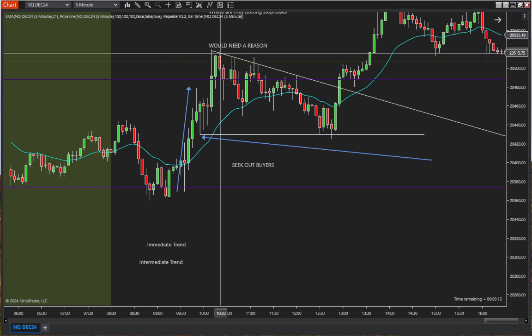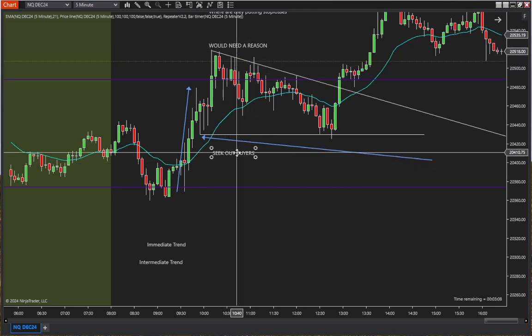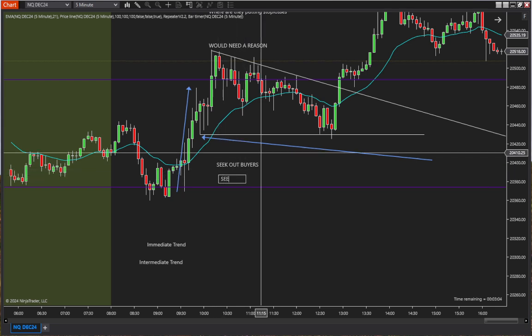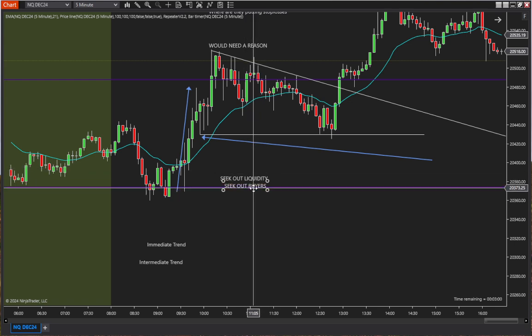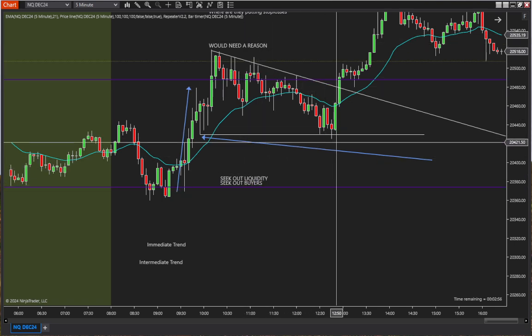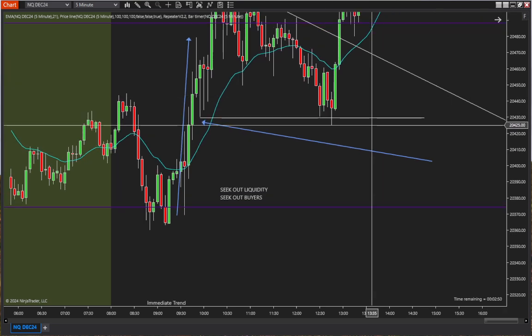If there's no news event or catalyst to break above, we need to seek out buyers or also seek out liquidity, right? Seek out that liquidity, which is the same as seeking out the buyers. So price is going to retrace to an area where they can seek out the buyers to continue. Where did that so happen to be today?